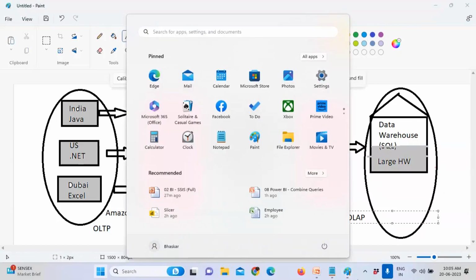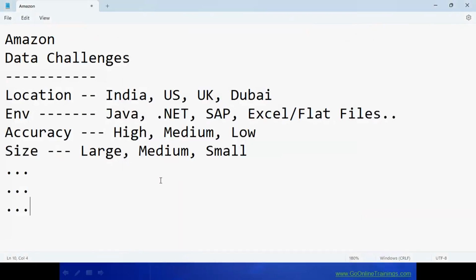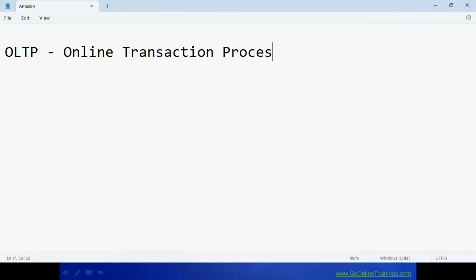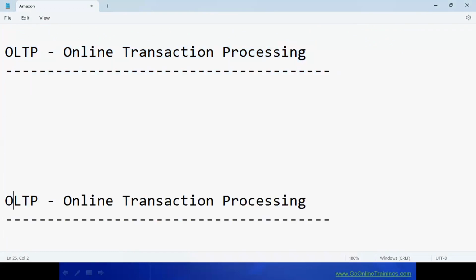Okay, so what is an OLTP system? Compulsory interview question. What is OLTP? Online transaction processing. OLAP means what? OLAP means online analytical processing.